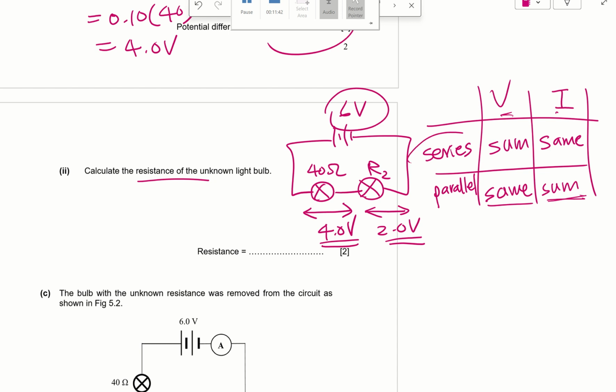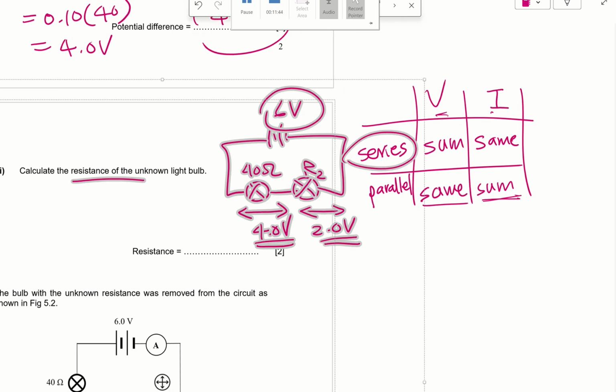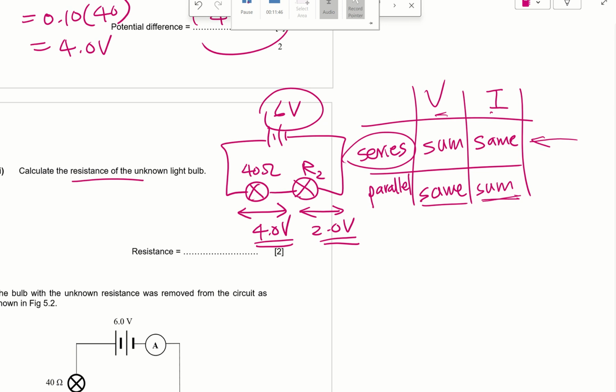So now since we are dealing with series, we only need to focus on this row here, which means the voltage is the sum. So I have two light bulbs, 40 ohm and R2. If the 40 ohm takes up 4 volts, then here must be 2 volts because I started out with 6 volts. So 4 plus 2 equals 6.